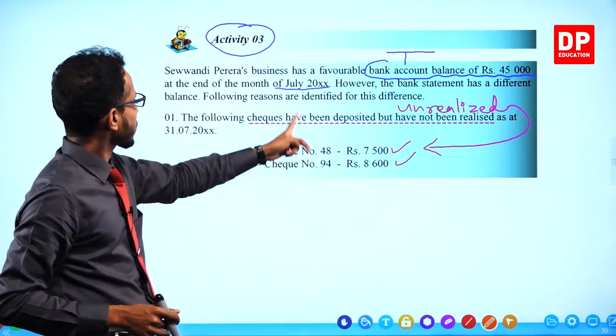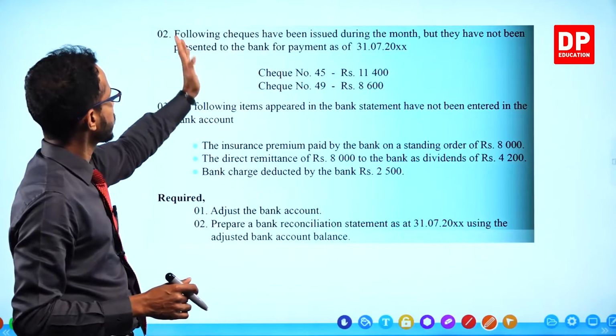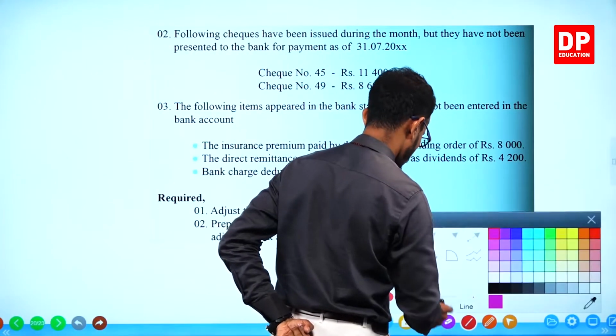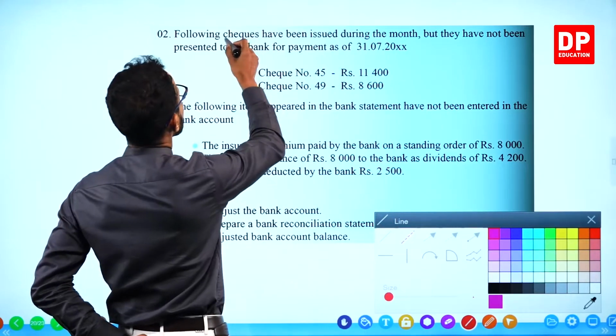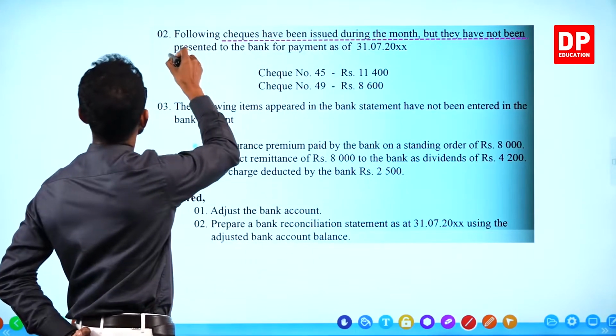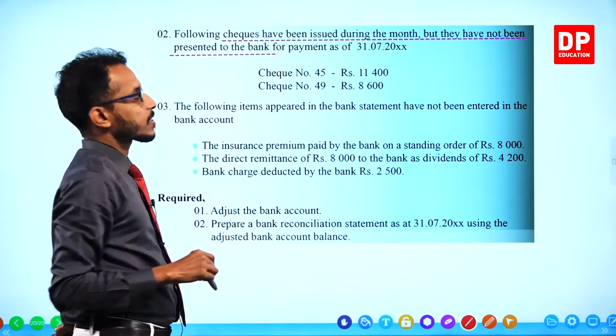Just like unrealized checks, they have given unpresented checks on this side.